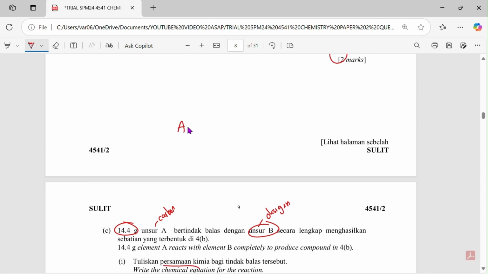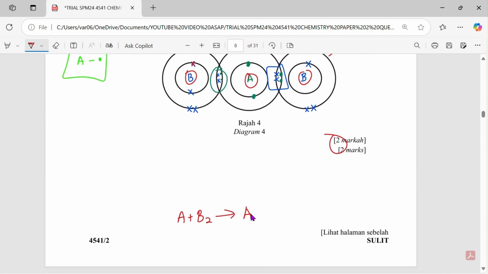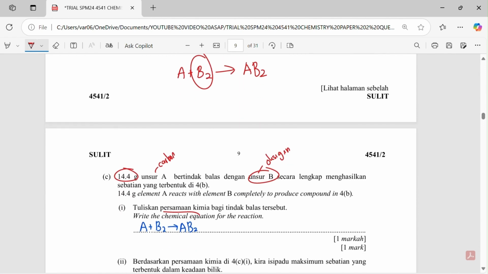Now, A plus, here for your sebatian here, in this molecule, there's 1 atom A, 2 atom B. Remember, oxygen exists as dwiatom. So, there you go, your persamaan.